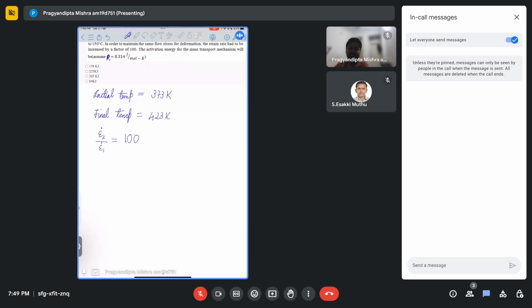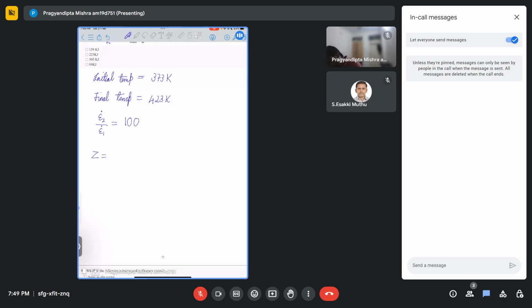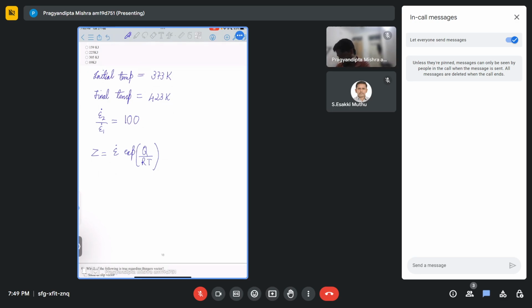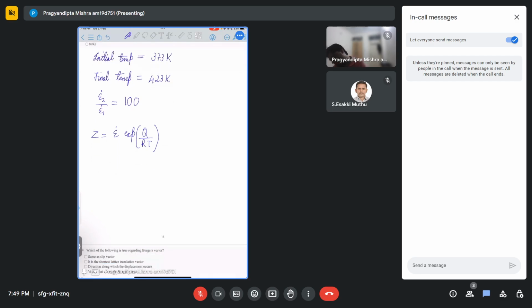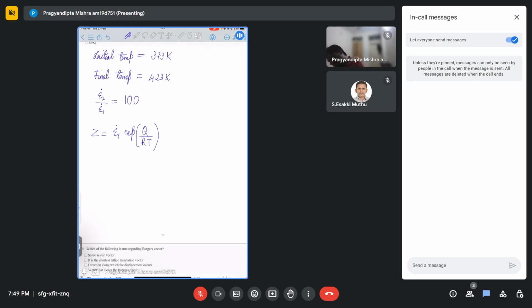So we already have the Zener-Holloman equation, right? Z is equal to epsilon dot times the exponential of Q by RT. If we take two cases, let's say epsilon 1, Q1 and T1, and then epsilon 2, Q2 and T2.